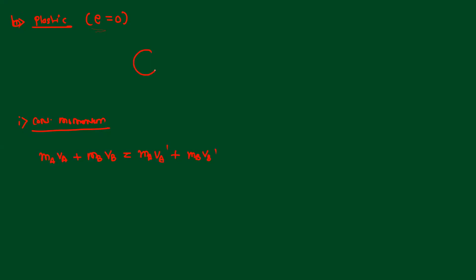In the given problem, Va is 0.4 and Vb is 0.5. Mass of A is 2 kg, and mass of B is 3 kg.